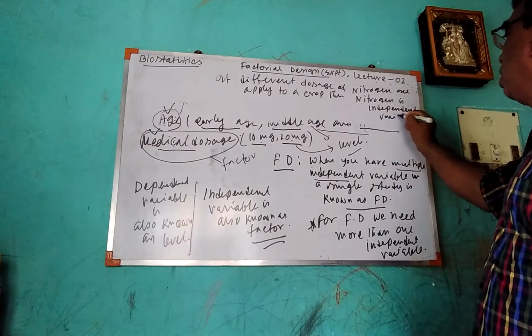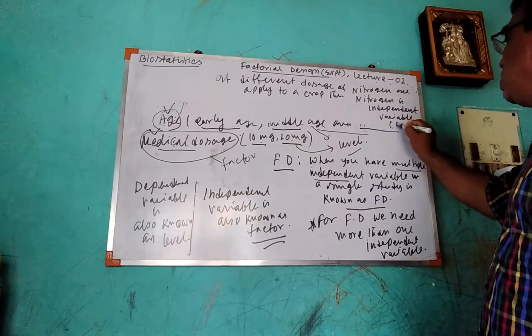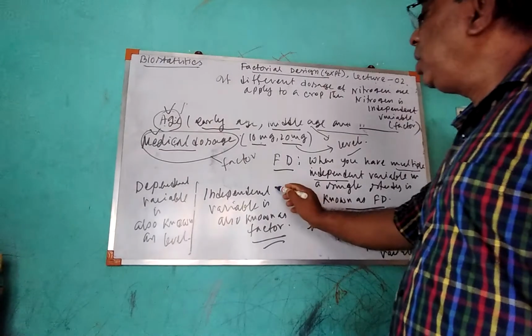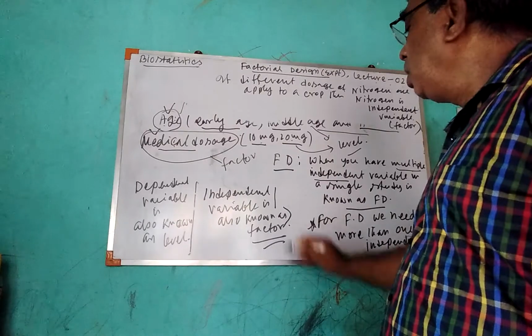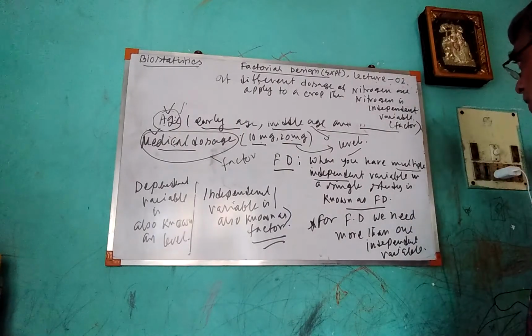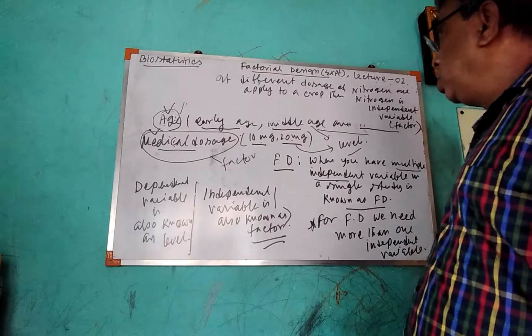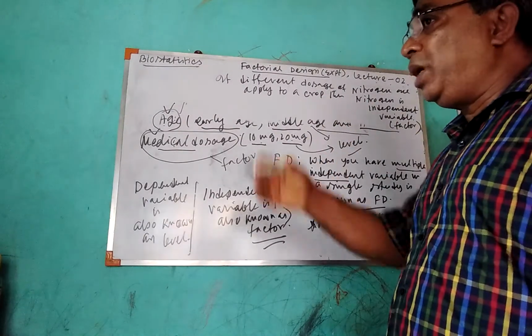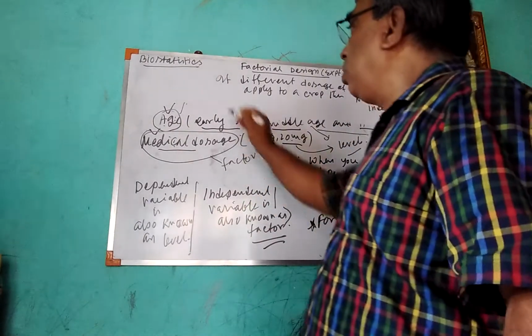I already told you, this is known as factor. Independent variable is also known as factor. They do not depend on each other. And different doses of nitrogen are known as levels of the factor.